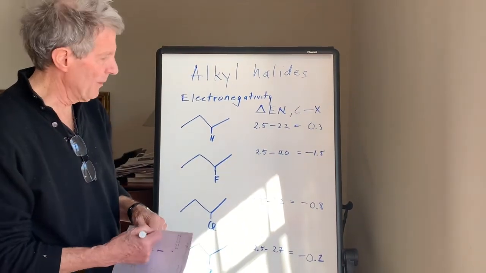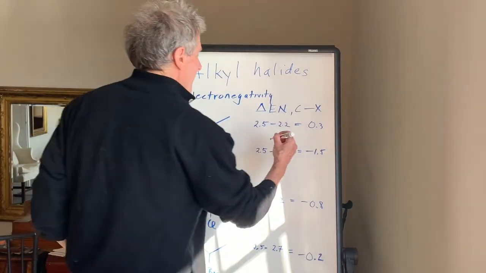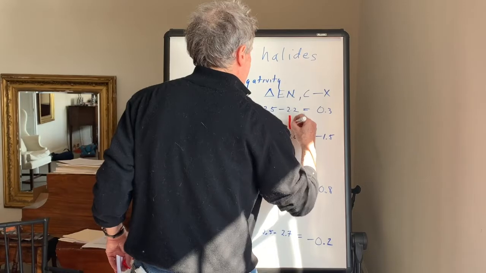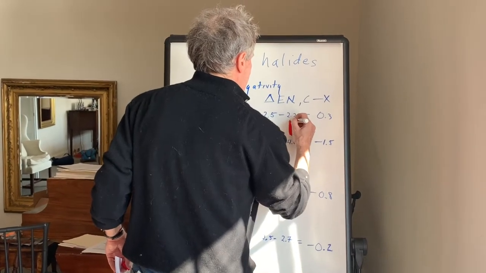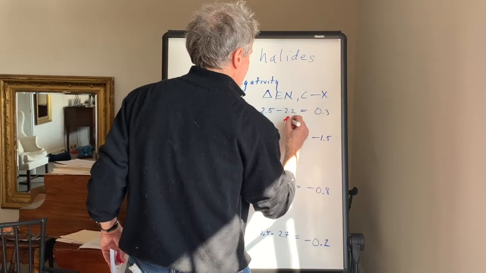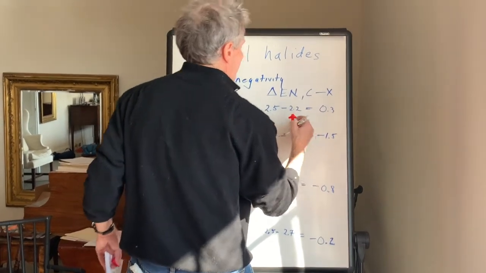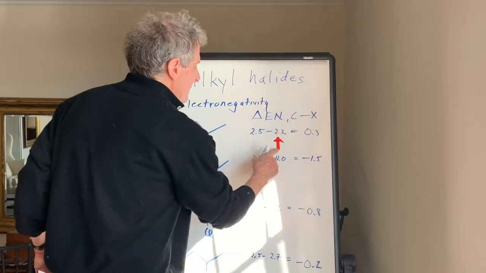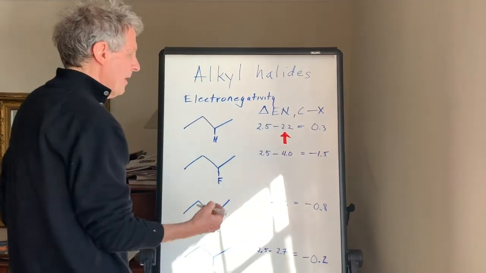So if we represented 0.3 by an arrow, since the carbon has a higher value than the hydrogen, let's make it a short arrow going up.